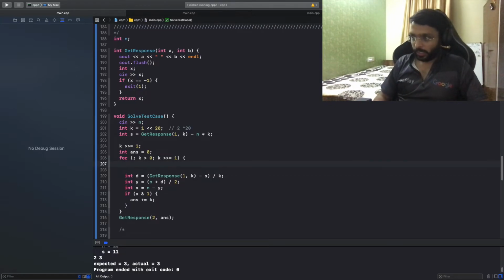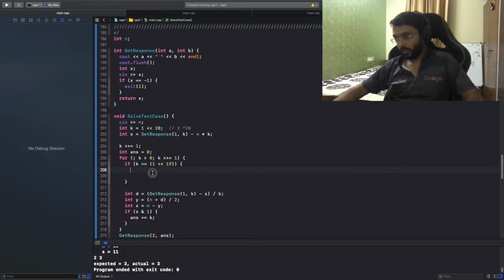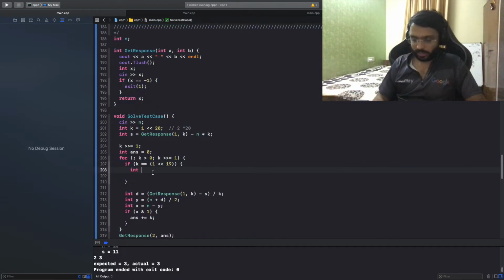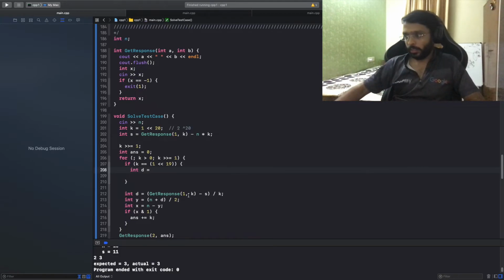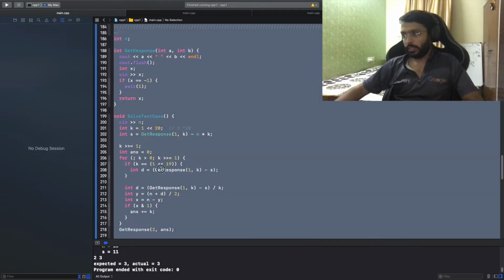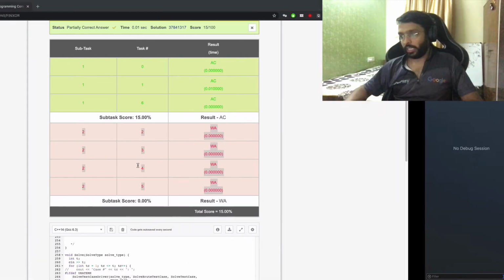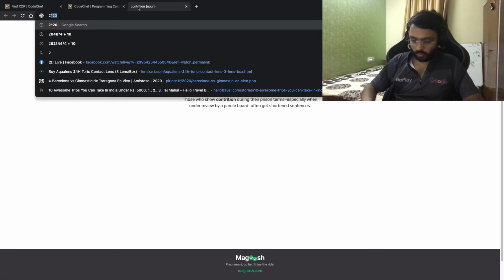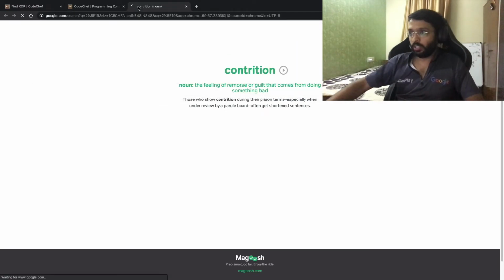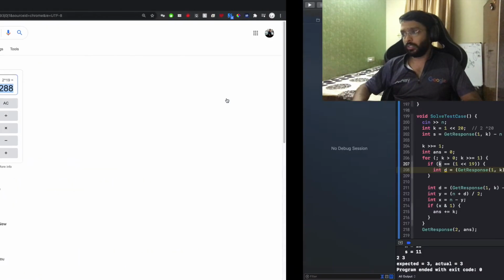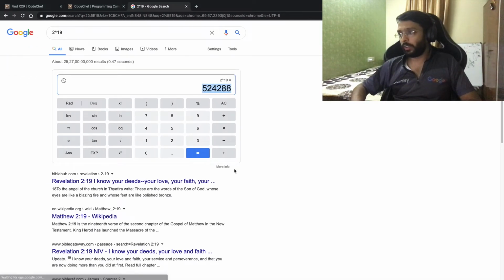So let me take a particular case where, let's say, k equal to 2 raised to power 19. Then if I take just this case, int d will be something like this, and this will be a multiple of k. 2 raised to power 19 is actually quite a big number, 524288.